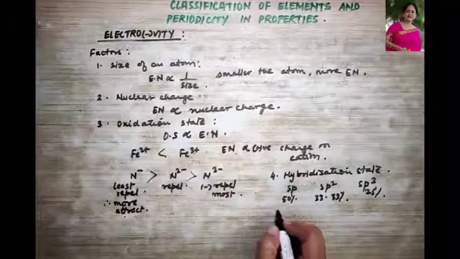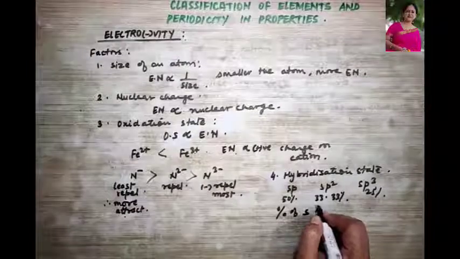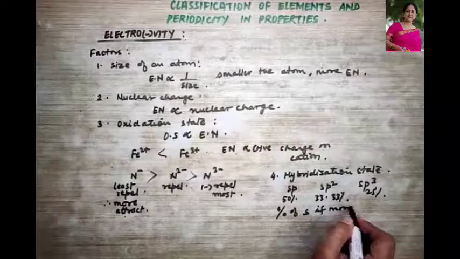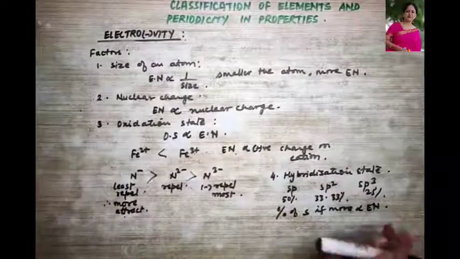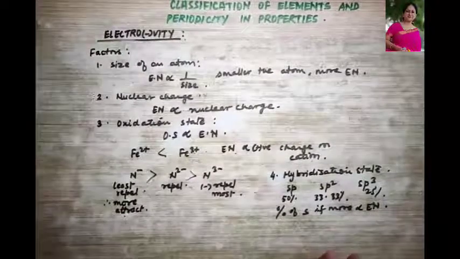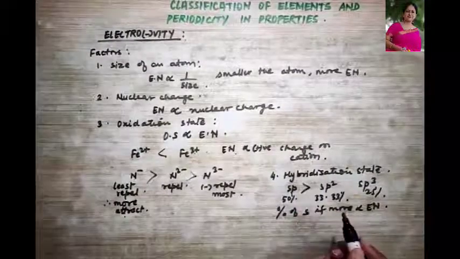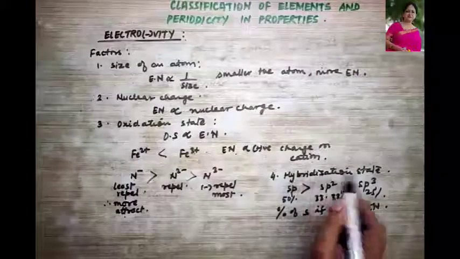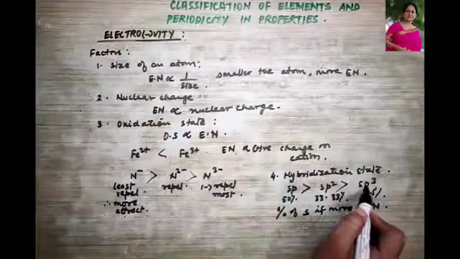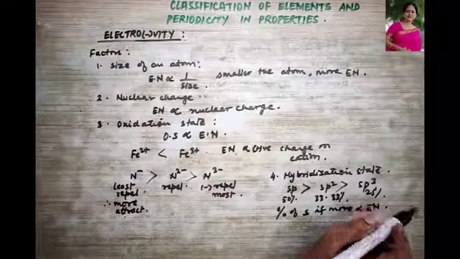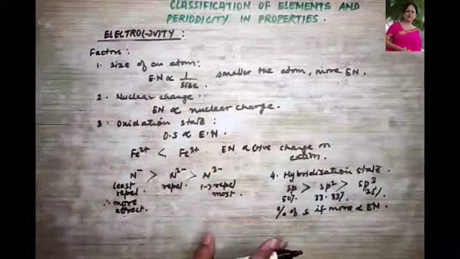So remember, the more the percentage of s, the more the electronegativity. So where is s more? In sp. Therefore this is more electronegative. The sp hybridization state is more electronegative than sp2, and least is your sp3 hybridized. Followed? So are these factors clear to you?